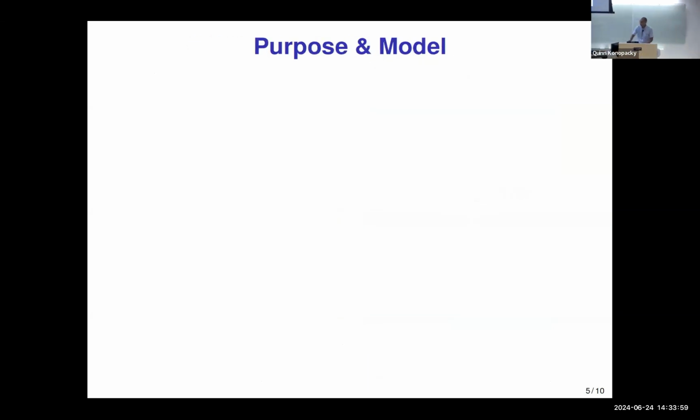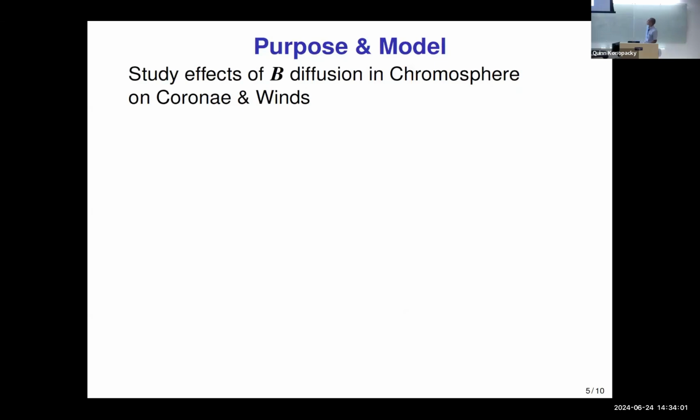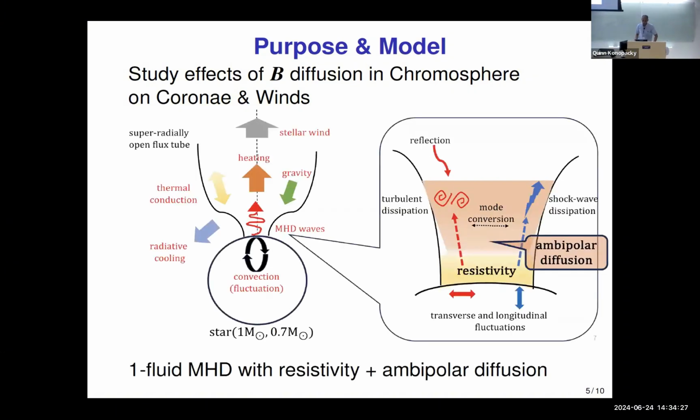The purpose of this work is to study the effect of magnetic diffusion in the chromosphere on the upper layers. Of course, in the corona and winds, the effect of non-ideal MHD is not important because the gas is almost fully ionized. But weak ionization in the chromosphere may affect the thermodynamics in the upper layers.